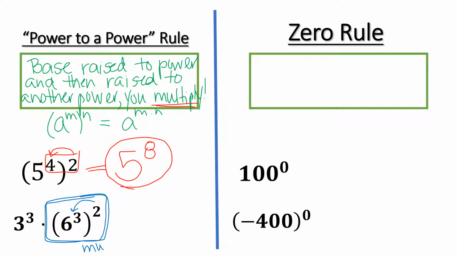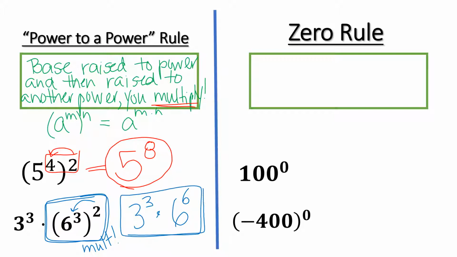So if we multiply those, we get 3 times 2, which is 6. So I leave my base, and then I bring my 6. And then I'm multiplying that by 3 to the 3rd. Now again, I can't use the product rule, which is what I just learned earlier, because this has a base of 3 and this has a base of 6. So this is actually as far as we can go.